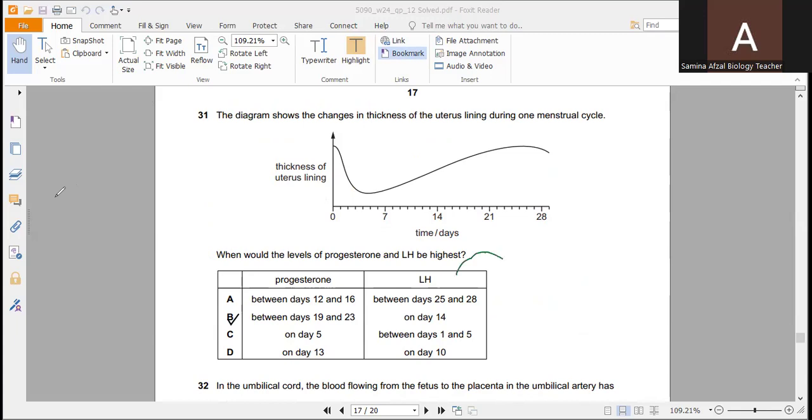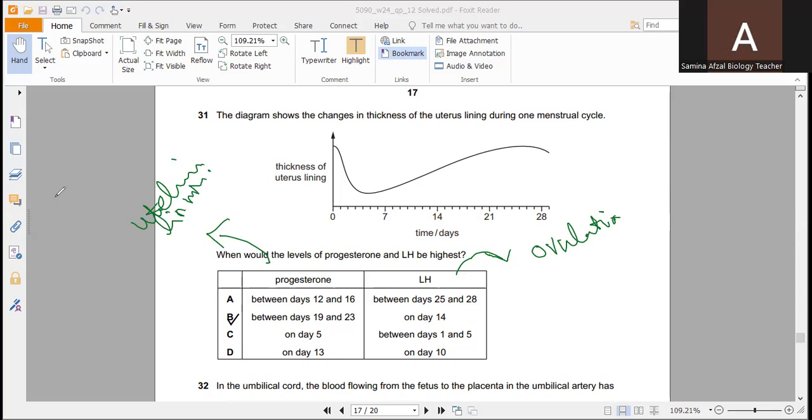Luteinizing hormone helps in ovulation. Progesterone helps in the maintenance of the uterine lining with blood vessels.